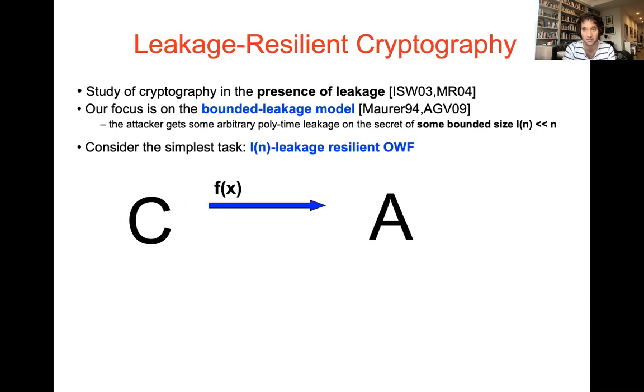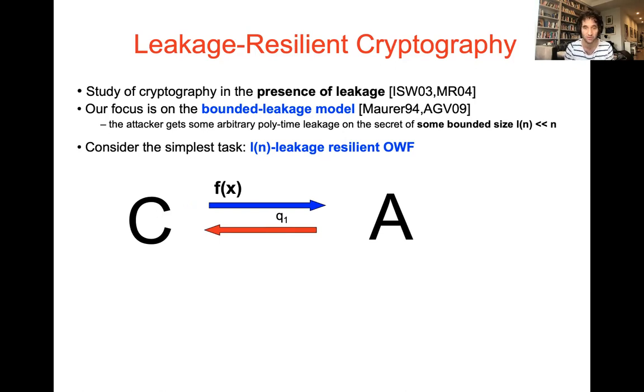The challenger samples some random string x, and sends y equals f of x to the attacker. The attacker's job is to find a pre-image to f of x. But in contrast to the standard game, the attacker now gets to also ask the challenger for some leakage on the secret x. And he does so by specifying a leakage query, which is just a circuit.